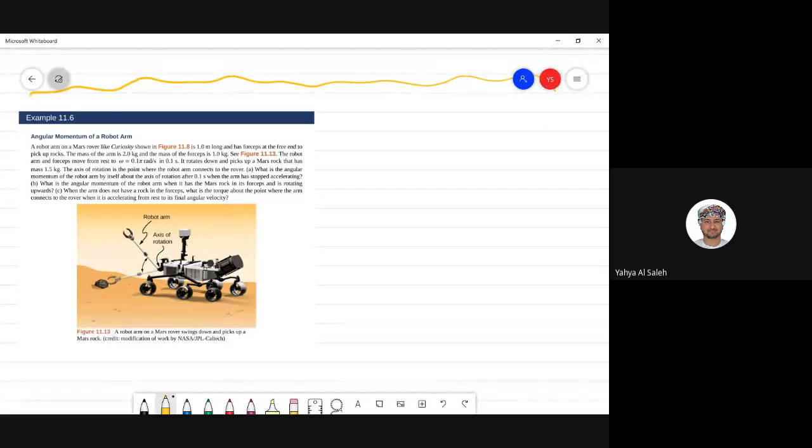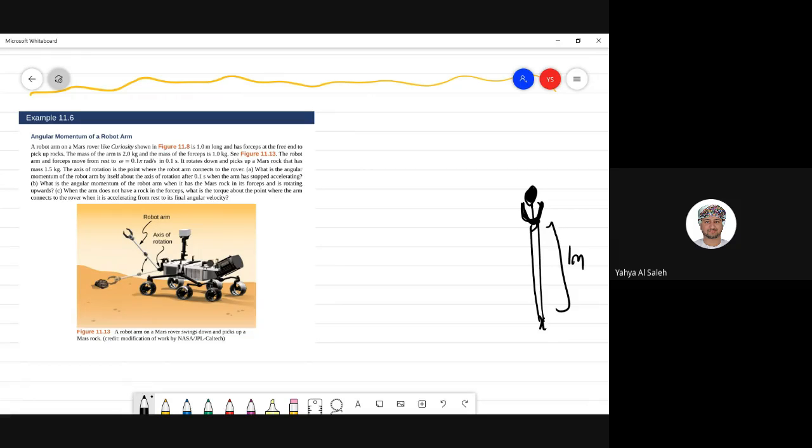Okay, so here is the system that we have. We have a pivot point. We have a rod with a forceps at the end and a rock. This is 1 meter length.